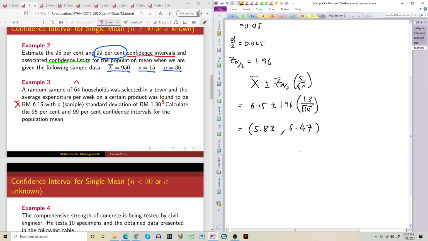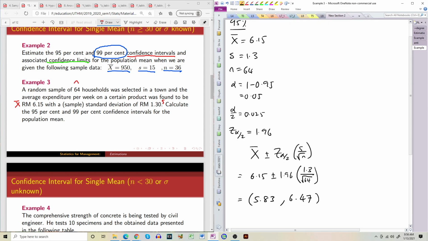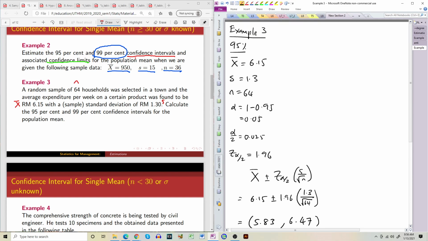This is for 90. This is for 95. For 99, same, just alpha is 1 minus 0.99.